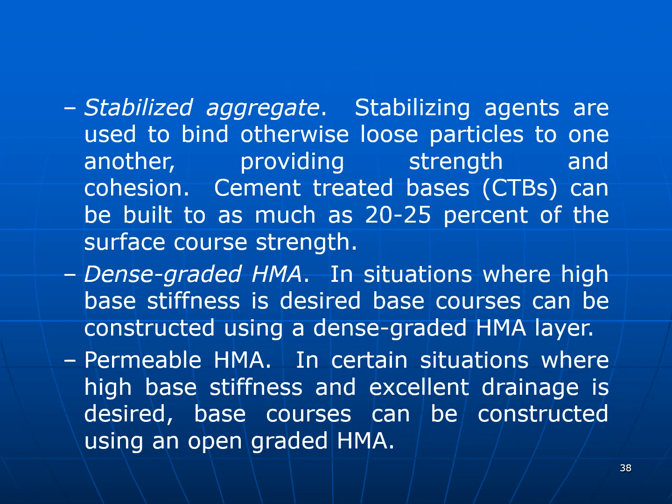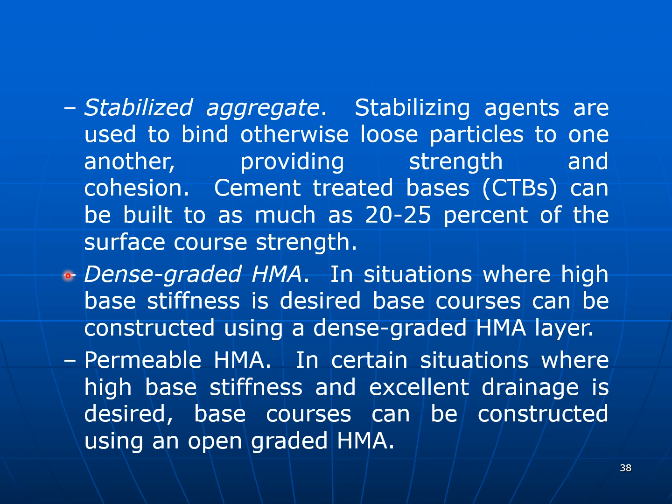The other options: stabilized aggregate. Stabilizing agents are used to bind otherwise loose particles to one another, providing strength and cohesion. Cement treated bases, CTBs. Cement treated bases can be built to as much as 20 to 25% of surface course strength. The other option is dense graded HMA.